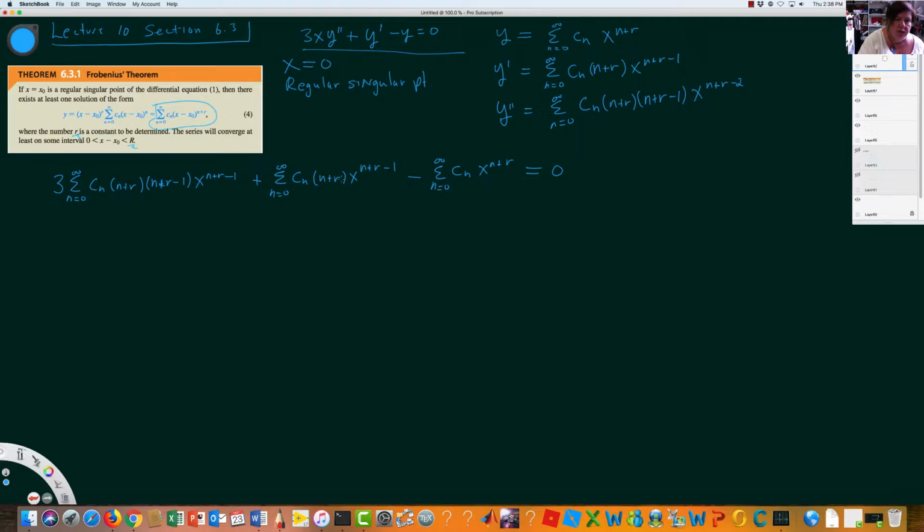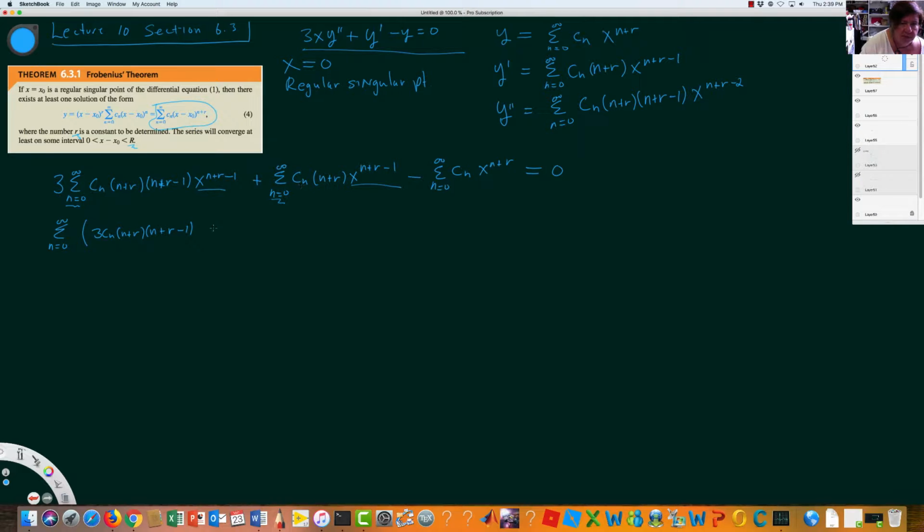All right. So luckily this one's nice. It has the same power here and here, and then we have the same starting point here and here, so we can combine that right away. That's really cool. So we get the sum n equals 0 to infinity, and then we get 3 Cn (n+r)(n+r-1).